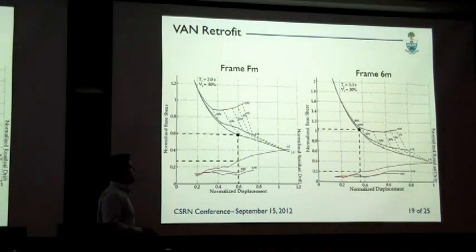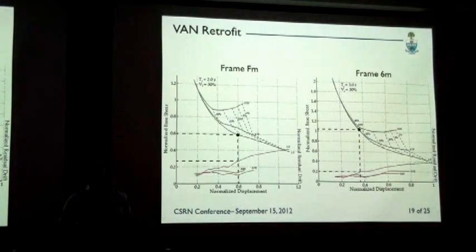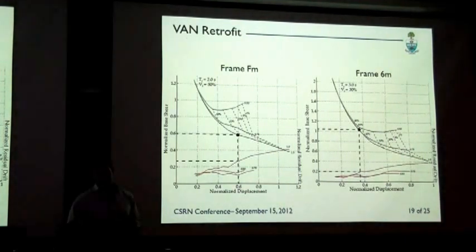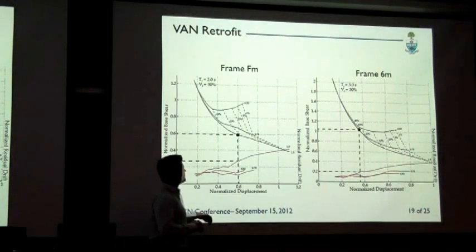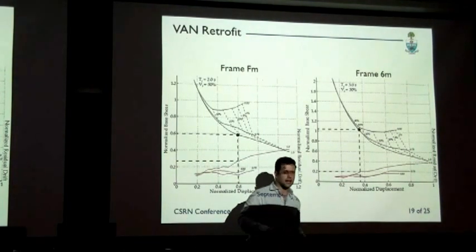In Vancouver, the frame F, actually we fixed the base first. The pin columns, obviously this was a very large vertical stiffness instability, so we fixed them and then we applied linear viscous damping. For frame FM, it was a pretty economical solution. Frame 6M, definitely not.